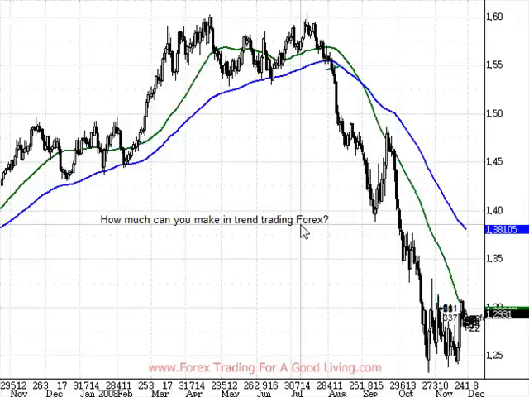I just put the finishing touches on an absolutely fantastic, almost near perfect trend trading system, one that has worked for the past 100 years in the stock market. It works the same and even better in the Forex markets, futures as well.